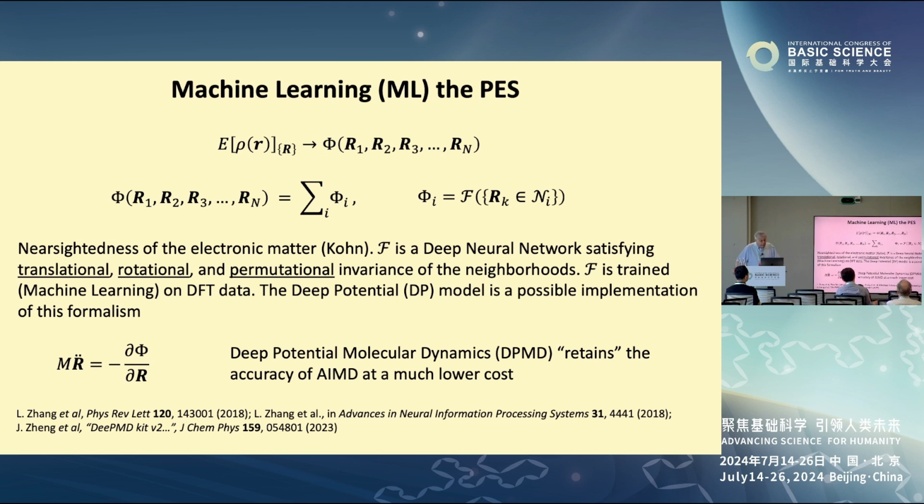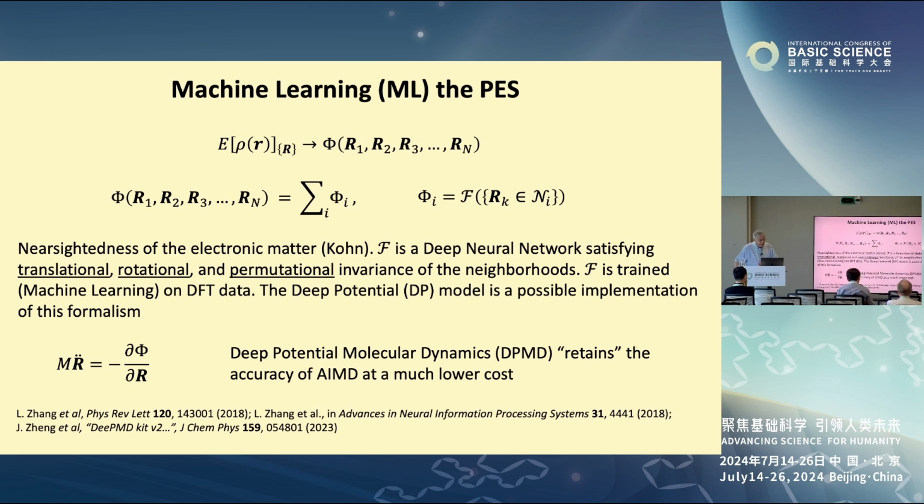Then, having a proper architecture, we can train the neural network with machine learning on density functional theory data. One possible implementation of this formalism is the deep potential model, and that's the reason why we call our scheme for learning Deep Potential Generator, but there are many other neural network models to describe the interatomic interaction.